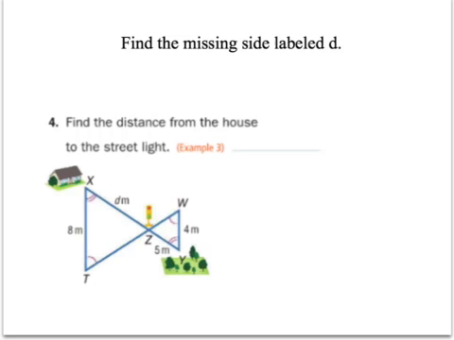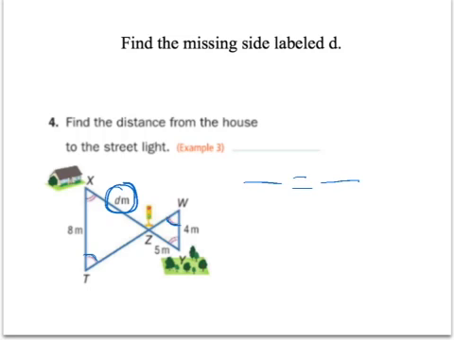Seeing as how this is our last example, this is the last part of the homework, example number 4, now would be a good time to pause the video and try this question on your own. We are going to find the missing side labeled D, meters. We need to decide which ones are corresponding in order to set up our proportion. So I have 4 spots for my proportion, and I can see that they have marked angle T with 1 hash mark and angle W with 1 hash mark.